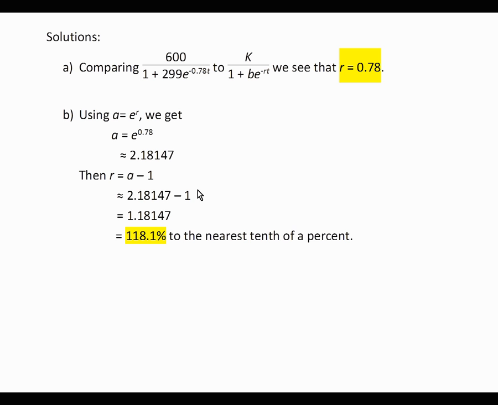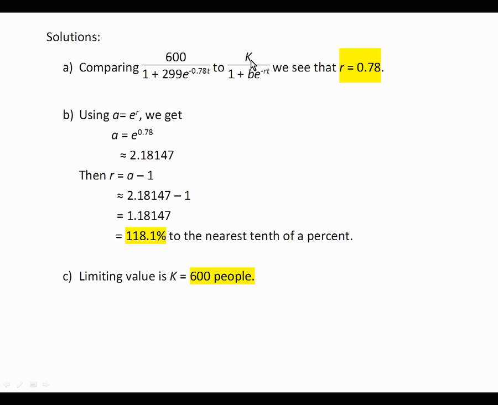And rounding to the nearest tenth, the decimal point moves, so it would be 118.1%. Remember, we did this relationship between A and R way back in chapter 4, the growth rate and the growth percent.